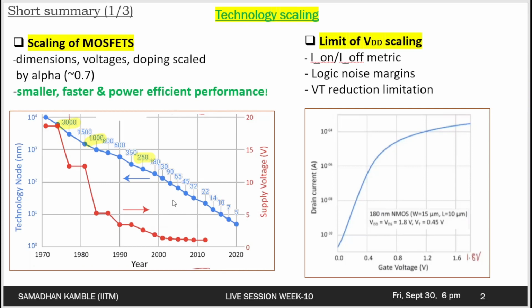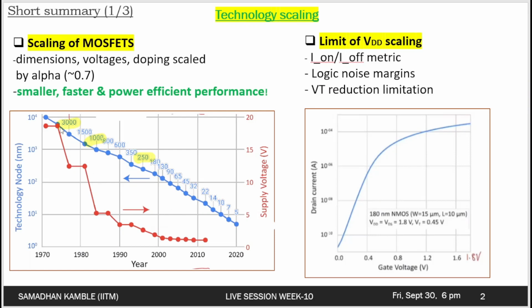While we do this process, the performance improves significantly, as we have seen, and it turns out that this is not that simple. There are various technological challenges, of course, but roughly this is the idea. Also, you can see that the voltages are scaled by a factor of alpha, but in this representation the supply voltage hasn't followed quite a linear trend.